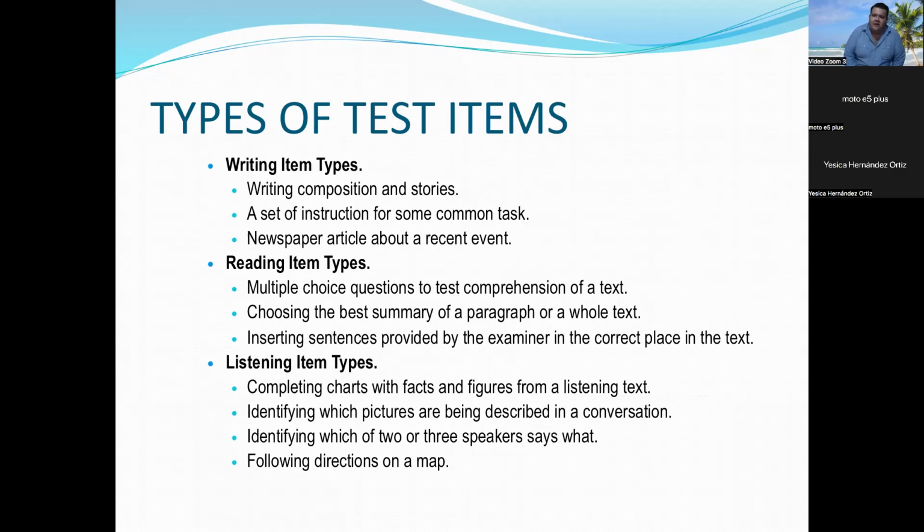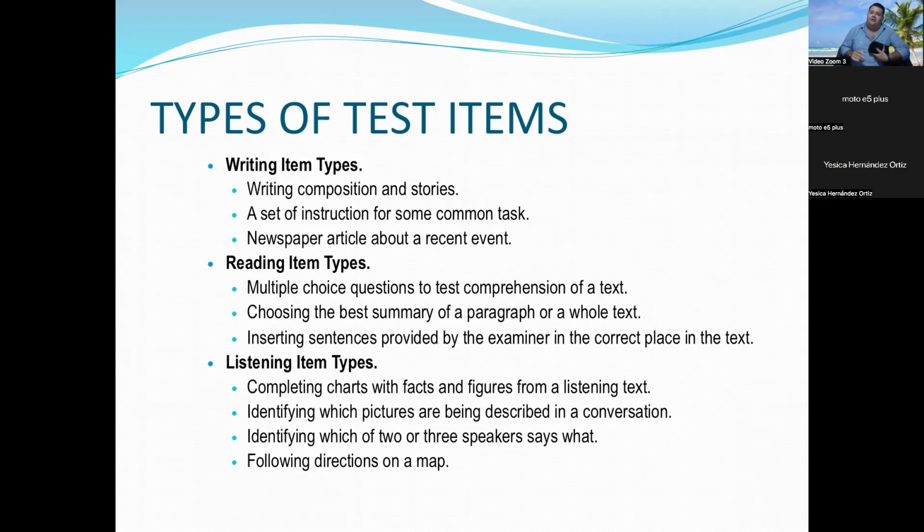Reading item types, Paola. Multiple choice questions to test comprehension of a text. Number 2, choosing the best summary of a paragraph or a whole text. And number 3, inserting sentences provided by the examiner in the correct place in the text.